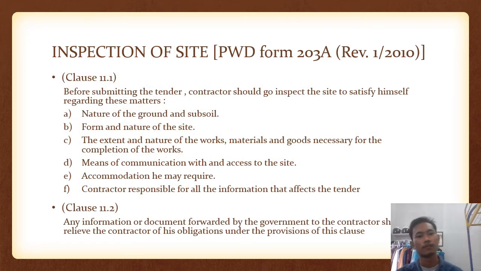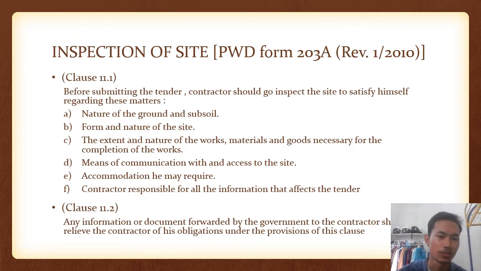Next, the first inspection of site from PWD Form 203A Revision 1 2010. The first clause is clause 11.1. Before submitting the tender, the contractor should inspect the site to satisfy himself regarding these matters.